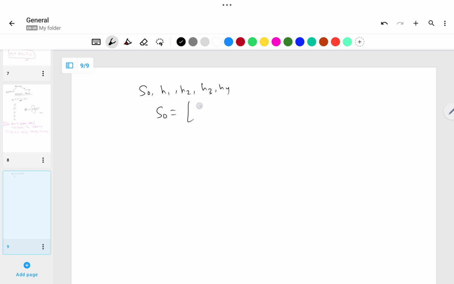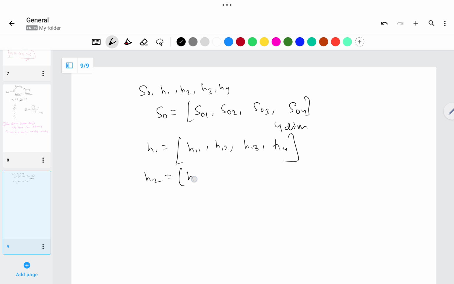So S0 will be expressed as S01, S02, S03, S04 because it's a 4-dimensional vector. Similarly, H1 would look like this. H2 will look like this. So H3 and H4 can be written in a similar way.